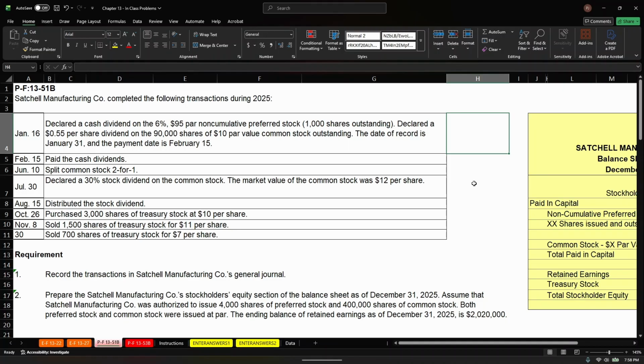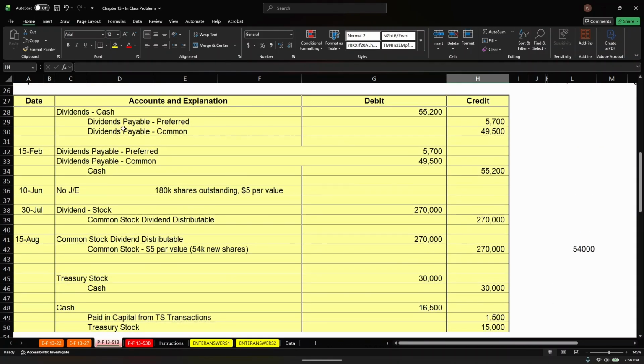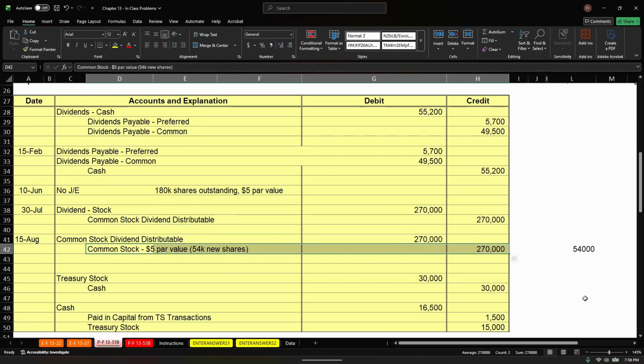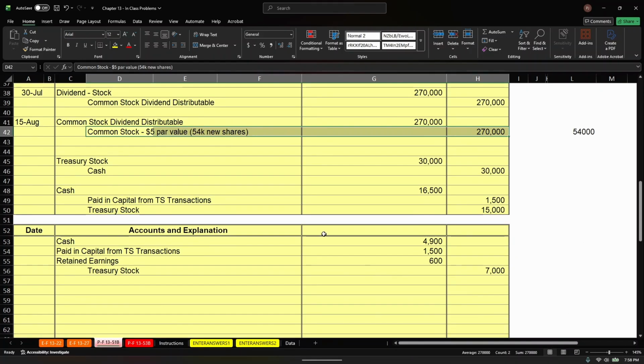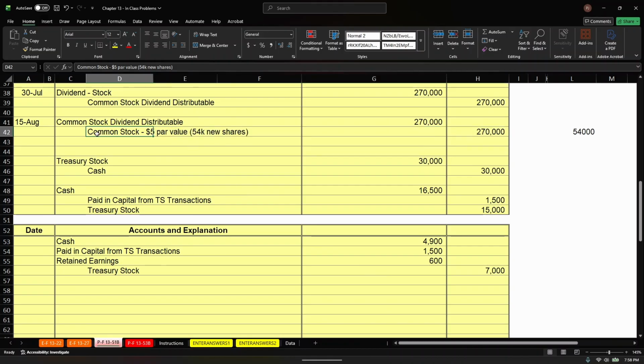Did I do anything after that? Let's look. No common stock. Right here, I have this. This is the only thing that's now affecting common stock. Another credit of 270,000. Okay, nothing else that I did is affecting common stock except for this stock dividend.